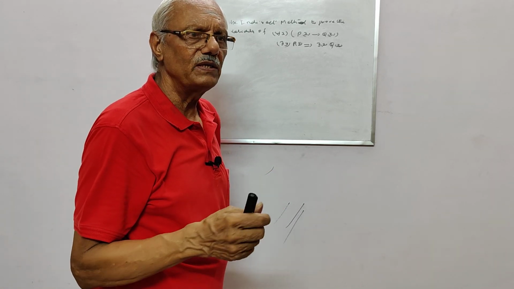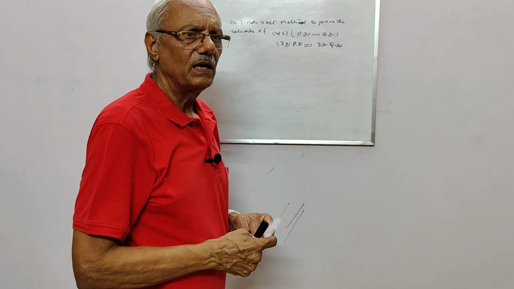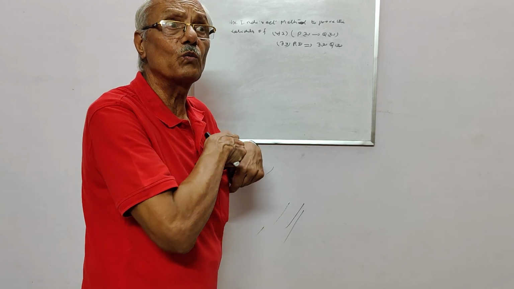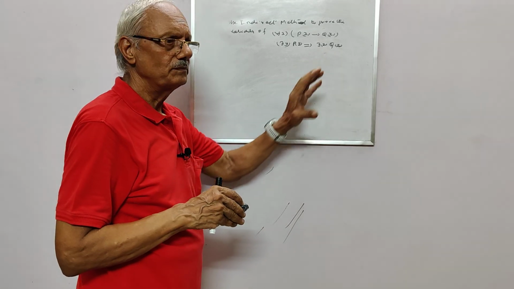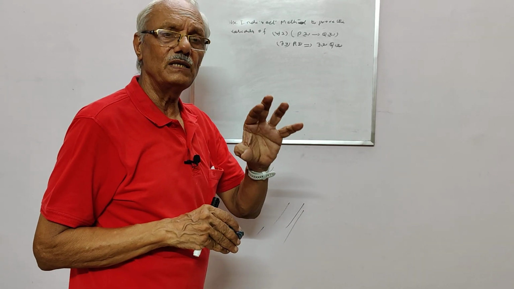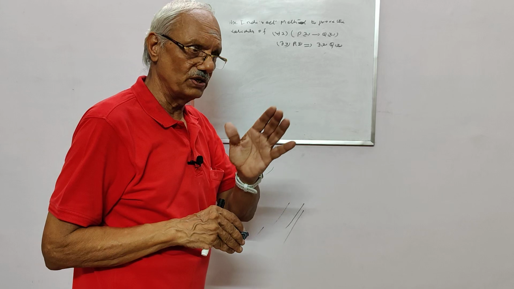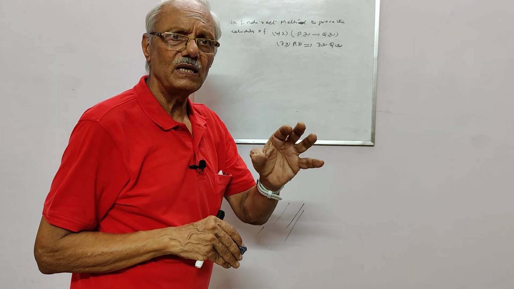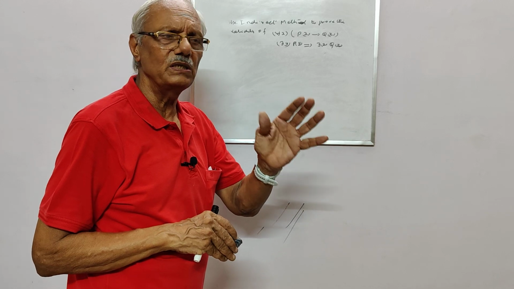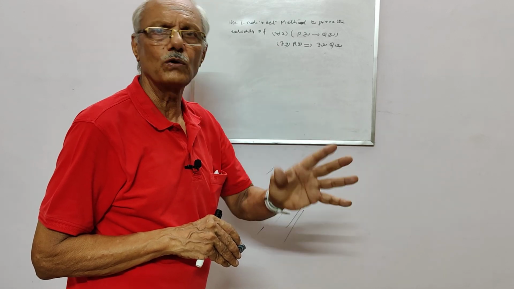Now I have specifically made a mention that you have to use your indirect method. What is the meaning of indirect method? In the indirect method, the procedure is to assume that the given inference or the conclusion given in the problem is wrong.